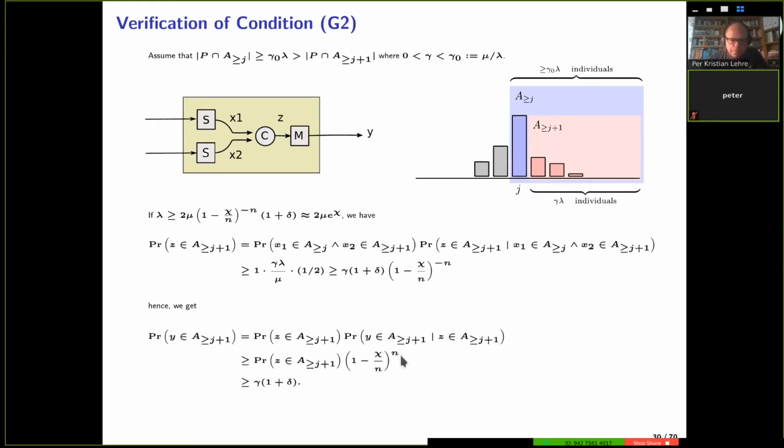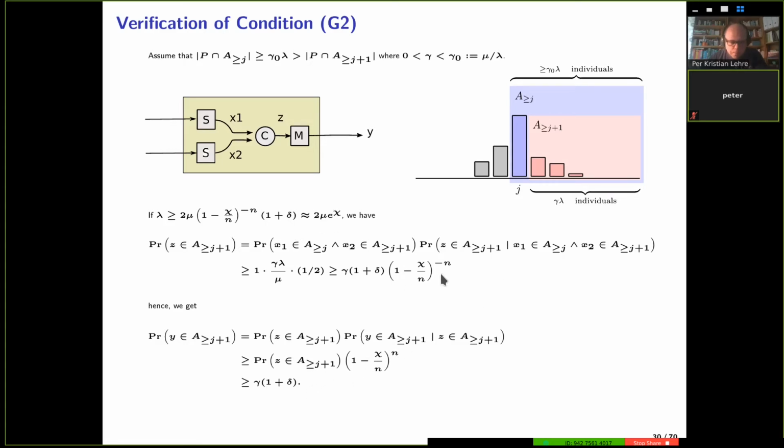So if I now assume that lambda is at least 2 times mu times (1 minus c over n) to the power of minus n times 1 plus delta, so this is roughly 2 times mu times e to the power of c.